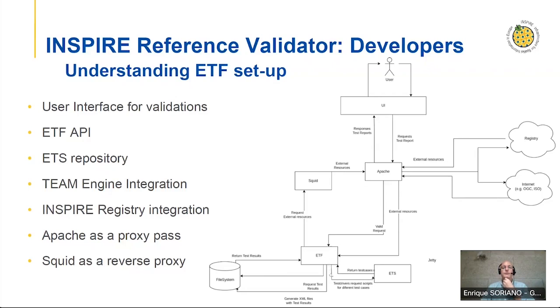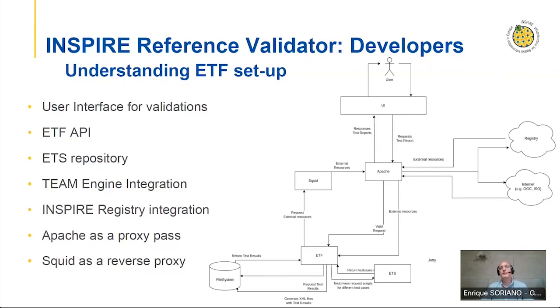The ETF goes to the repository of the ETSs through the corresponding test driver. So it gets here and gets all the validations present in the ETS. This ETS comes back and together with the input that has been provided starts to be launched and goes conformance class by conformance class.